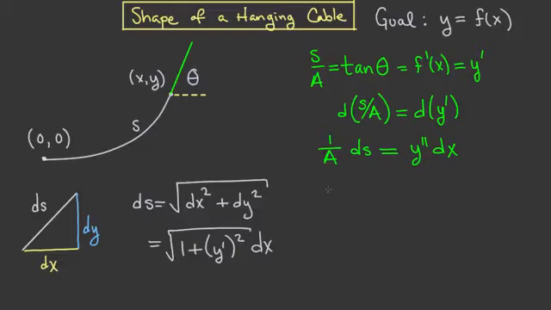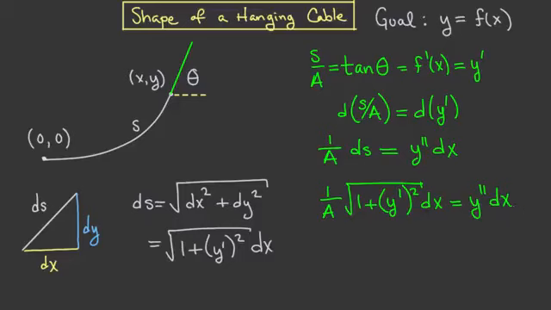So now we have a differential equation involving only x and y, which is what we're looking for. And 1 over a, the square root of 1 plus y prime squared dx equal to y double prime dx, holds on all infinitesimal segments along this curve. So in fact, this equation is true even without the dx on both sides.